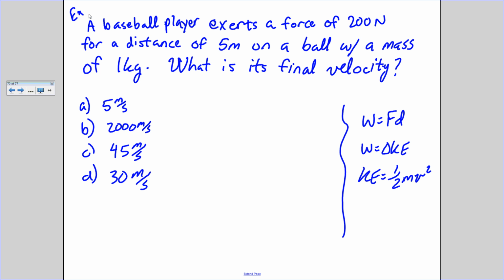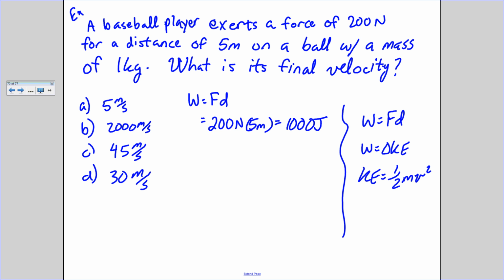Alright, so my work is equal to the force times displacement, the work that the baseball player does on the ball, and he exerts 200 newtons, and he has like 8-foot long arms, so he does it over 5 meters. So that's 1,000 joules.